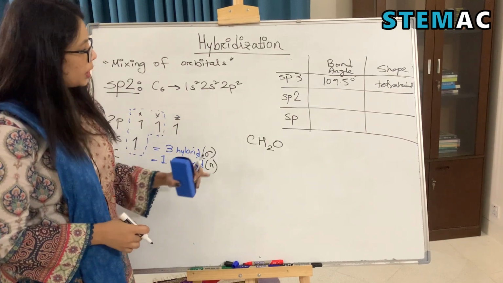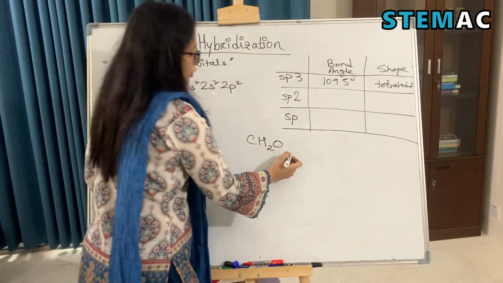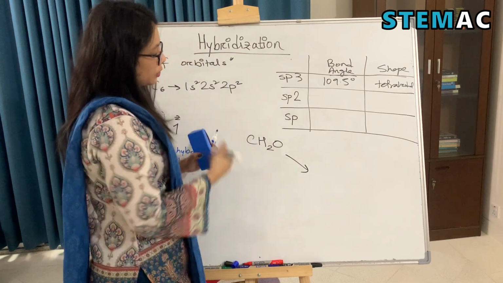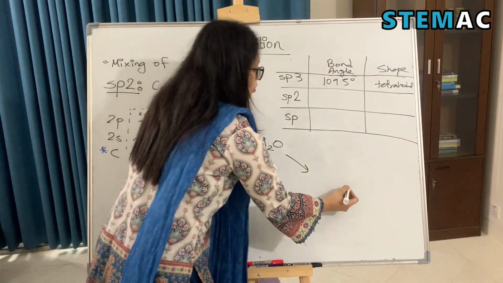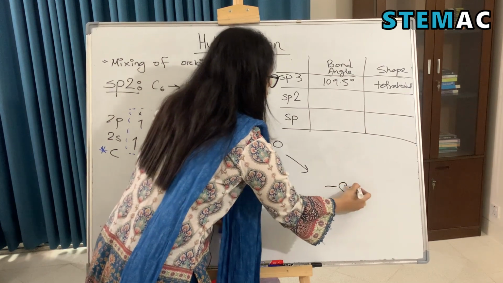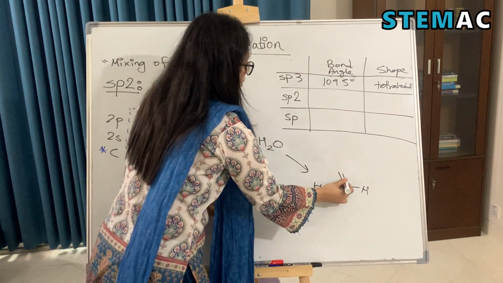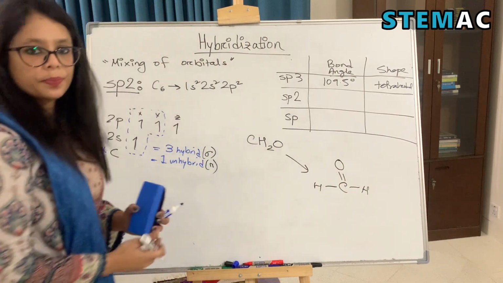An example of sp2 hybridization is formaldehyde. The first thing we would do every time we are asked to find out the hybridization of a compound is to write down the molecular structure. So for formaldehyde, we would have 2 hydrogens on both sides of the central carbon atom, and it has a double bond with oxygen.